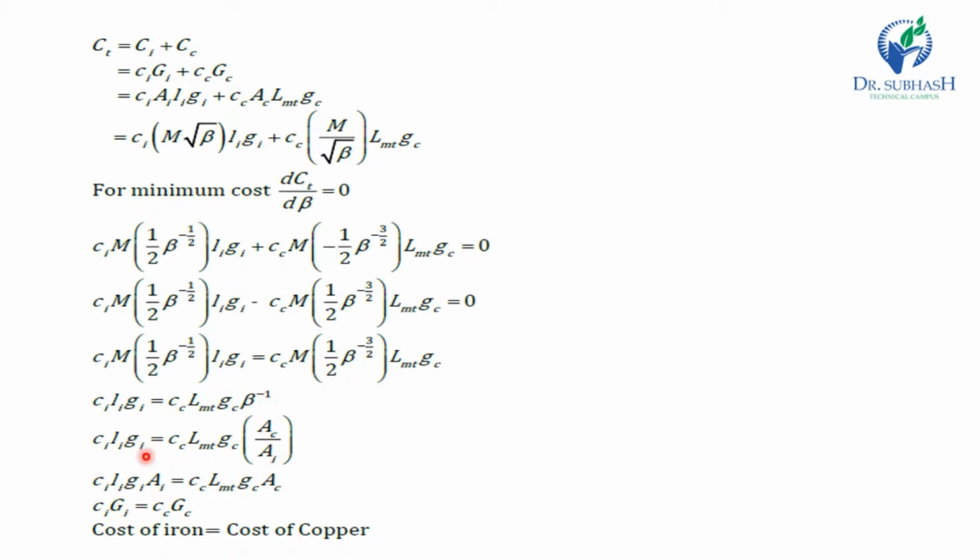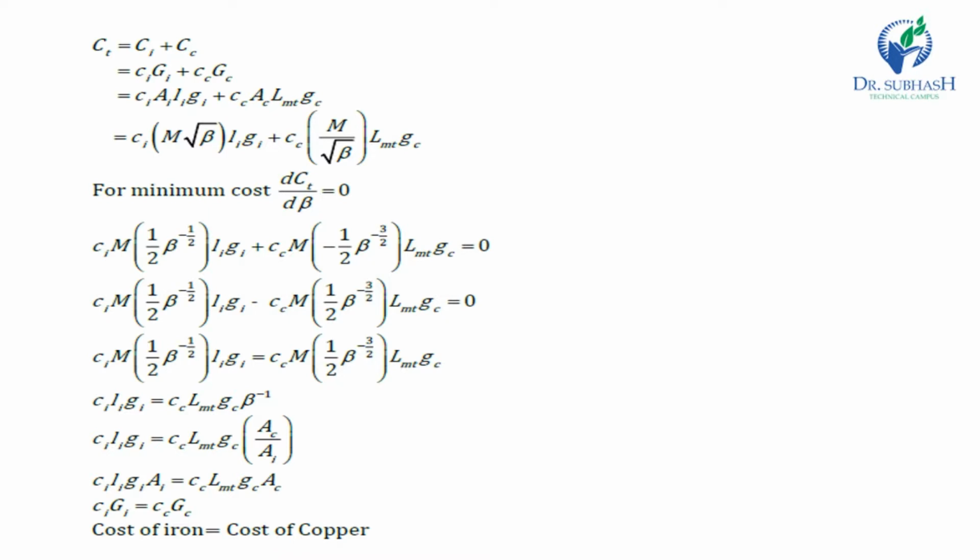Multiplying Ai to the other side, we get Ci into Li into gi into Ai, and Cc into Lmt into gc into Ac. We see that Ci into Li into gi into Ai is exactly equal to the cost of iron, and the same for the other side, which is equal to the cost of copper.